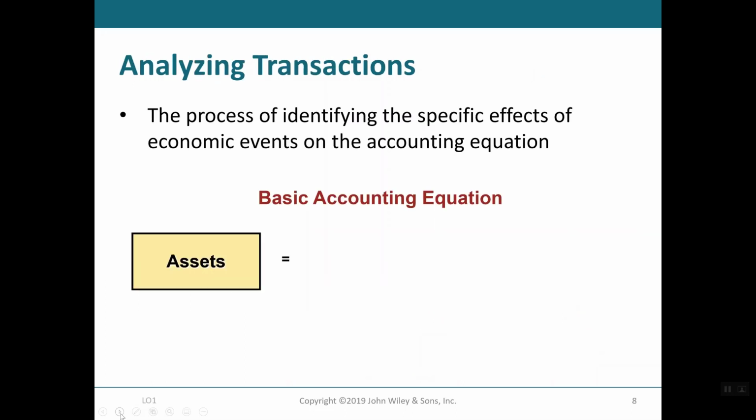For us to be able to process our financial transactions, we should be able to analyze these transactions to understand what effect they have on the assets, what effect this transaction has on the liabilities, and what effect it has on the stockholders' equity.